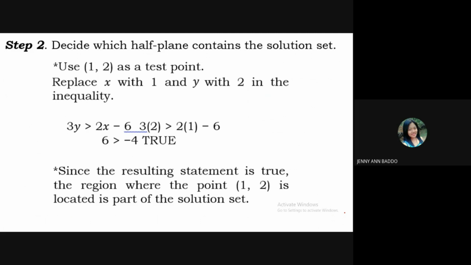Substituting (1, 2), we have 3 times 2 is greater than 2 times 1 minus 6. 3 times 2 is 6, and 2 times 1 is 2, minus 6 is negative 4. Obviously, this statement is true. Since the resulting statement is true, the region where the point (1, 2) is located is part of the solution set.